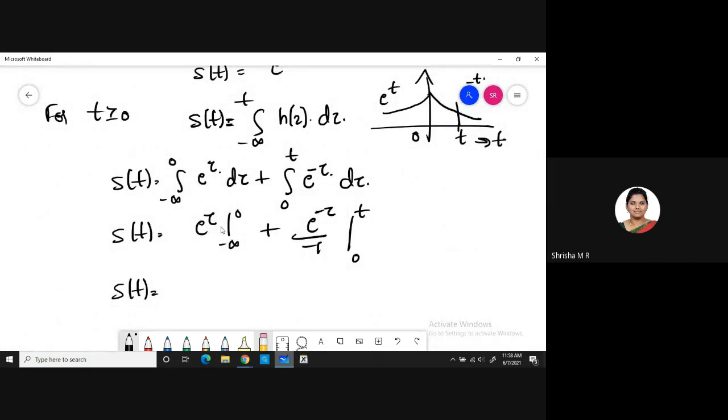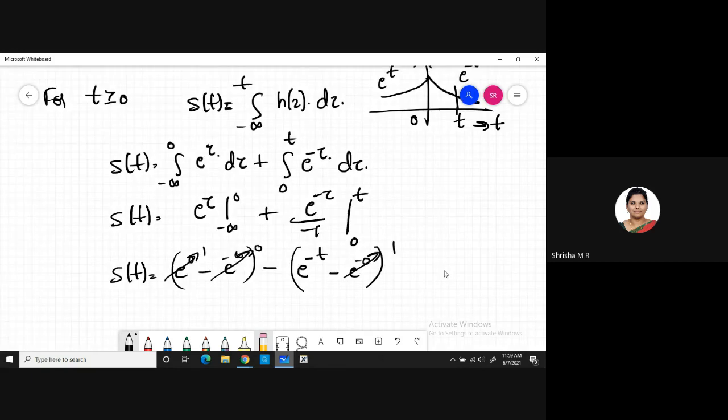So the upper limit would be e power 0 minus e power minus infinity, plus, we have minus 1, I will take the minus only here, minus e power minus t minus e power minus 0. So e power 0 is 1, e power minus 0 is 1, e power minus infinity is 0.